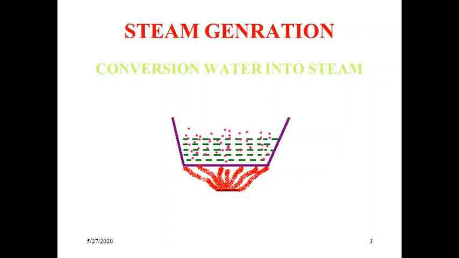As I told already, it is related to pressure and temperature, and there is a term called critical pressure. When we are generating steam below the critical pressure, it is called subcritical pressure operation.